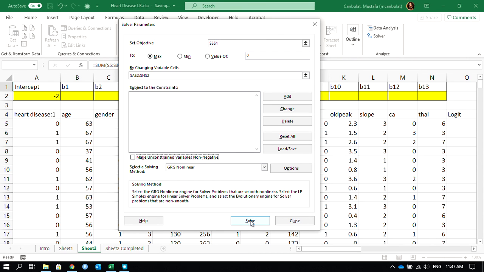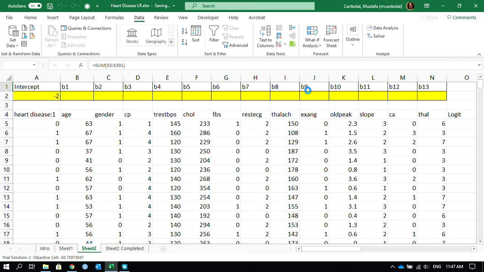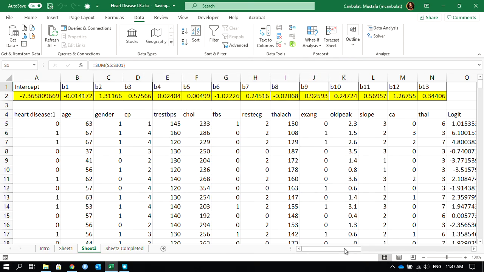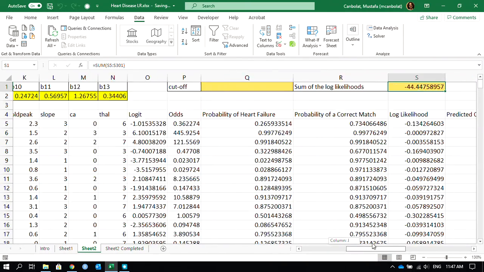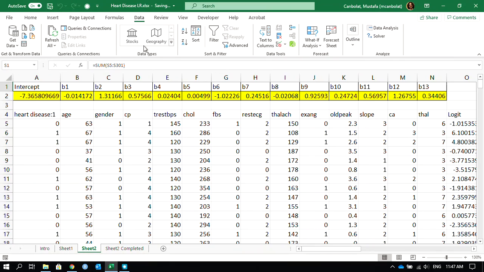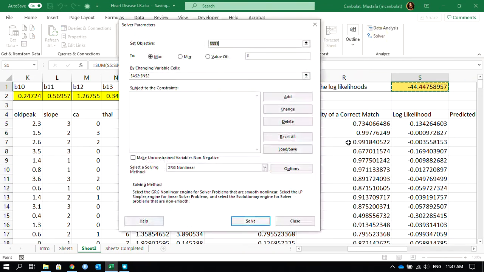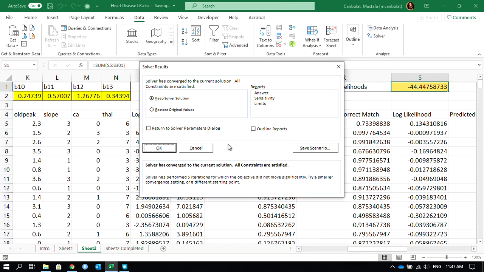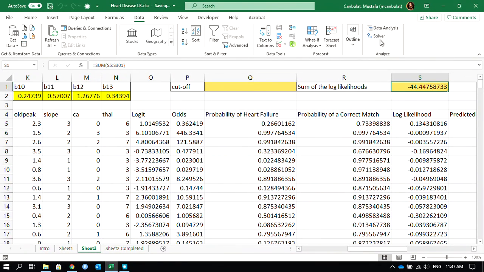Then I'm hoping that Excel will be able to give us that solution. Excel was able to reduce it to negative 44.44. Let's do one more time and see if it goes down a little bit more.